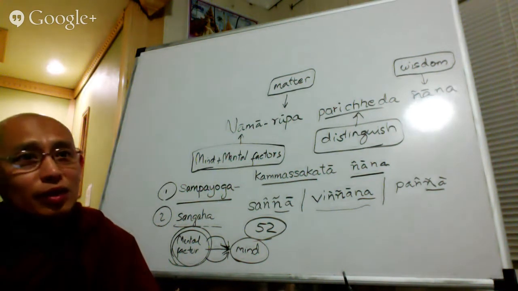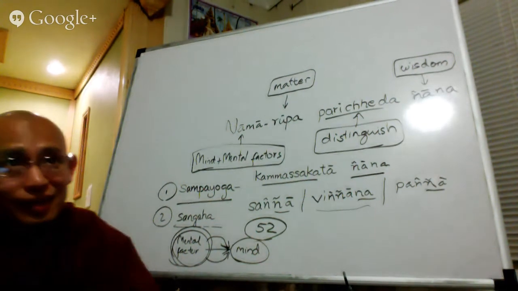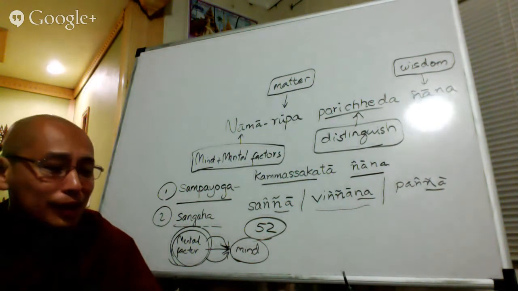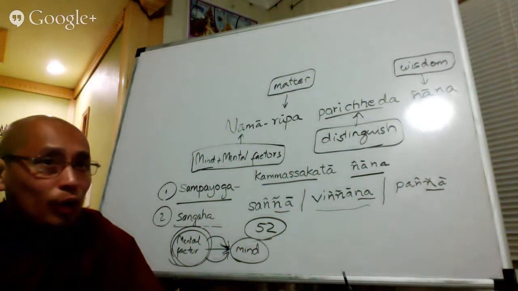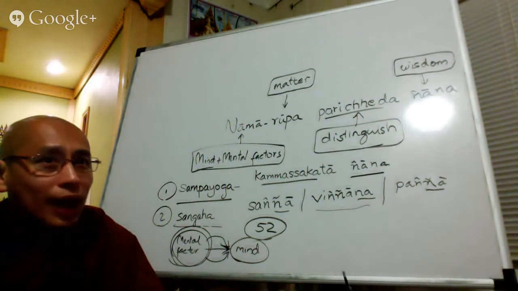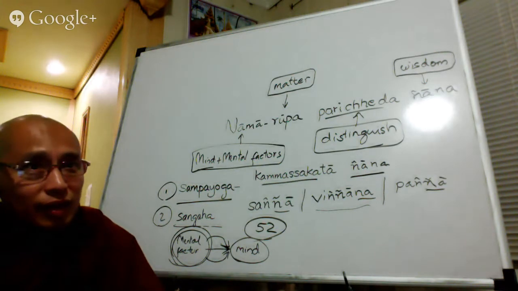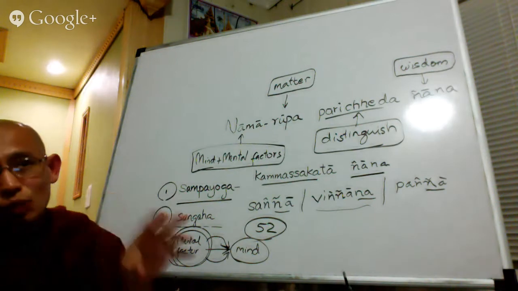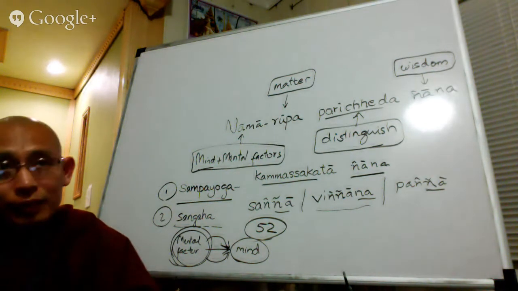We cannot take them as a group, because Pakinnaka means occasional or particular, so they do not associate with all mind. We need to take them one by one from that group.